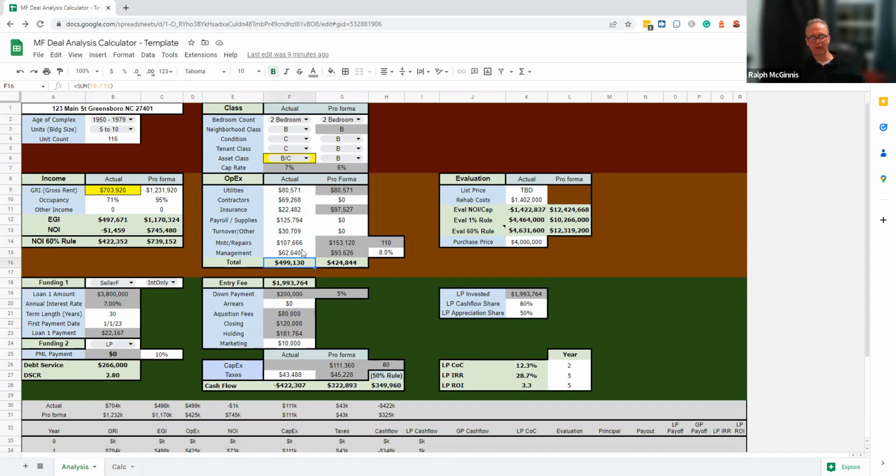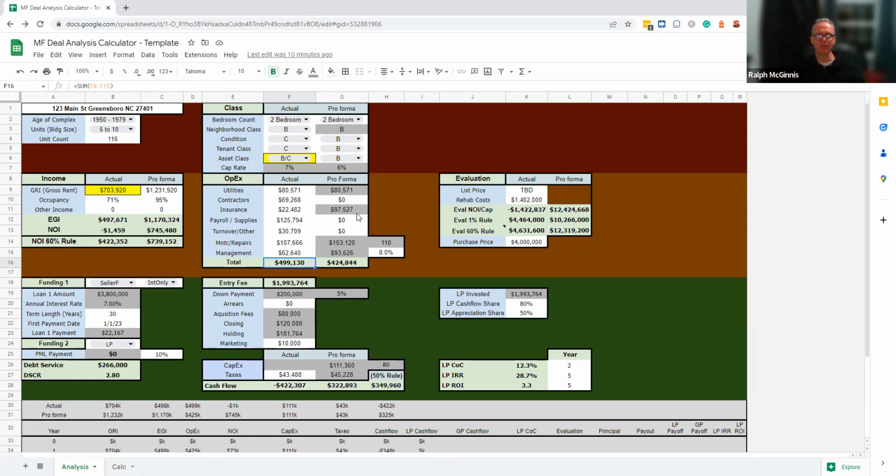And then on the pro forma side, the pro forma side means what would you expect the property to cost you once you've fixed the property up, you've changed out management, maybe even, you can have the tenants pay for the utilities sometimes.